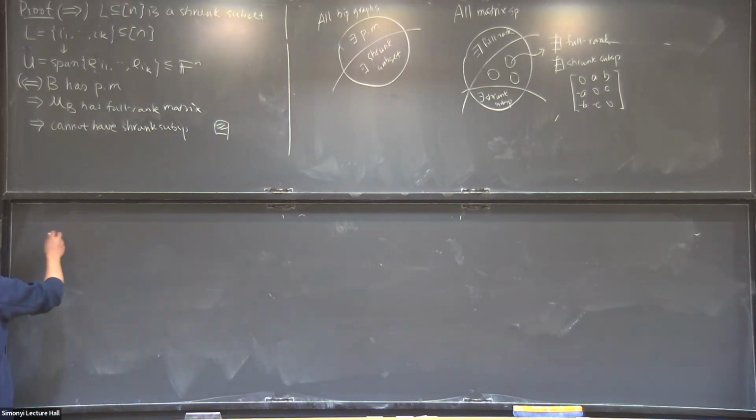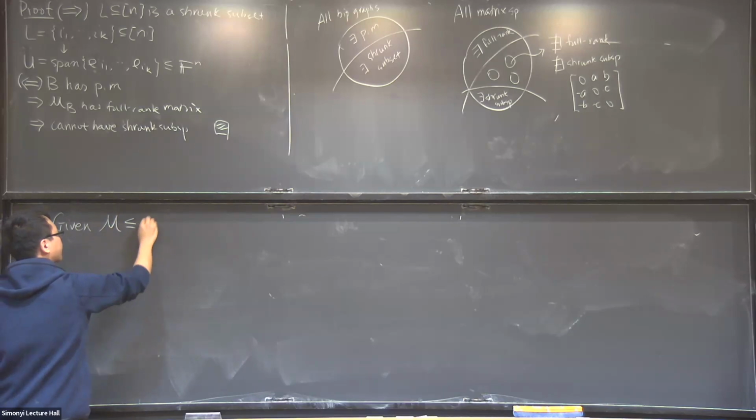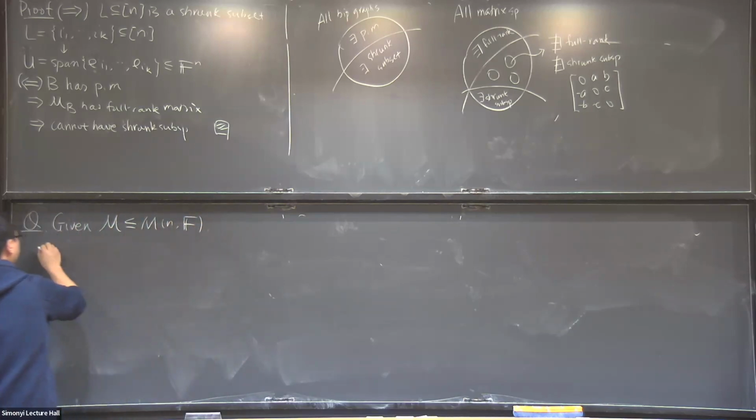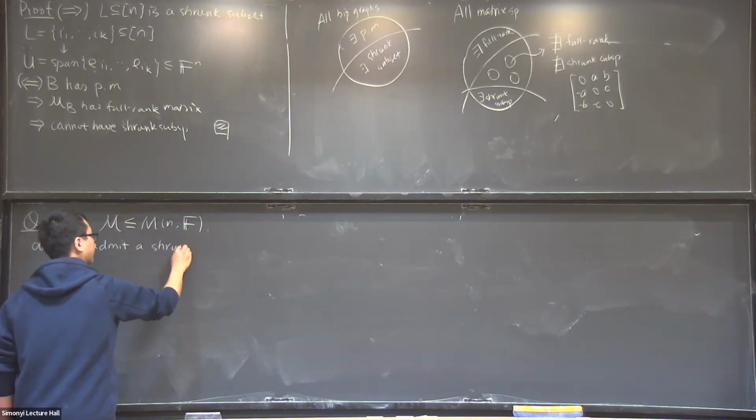So here is the question: given M, a general matrix space, does M admit a strong subspace?